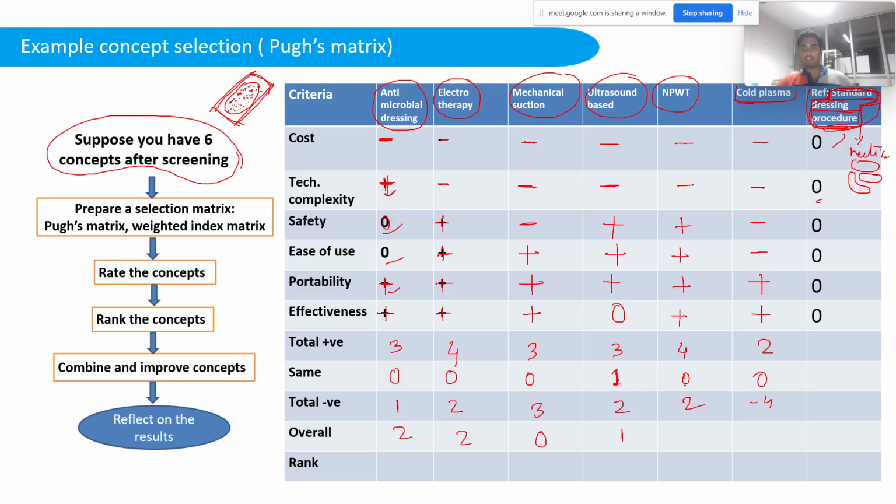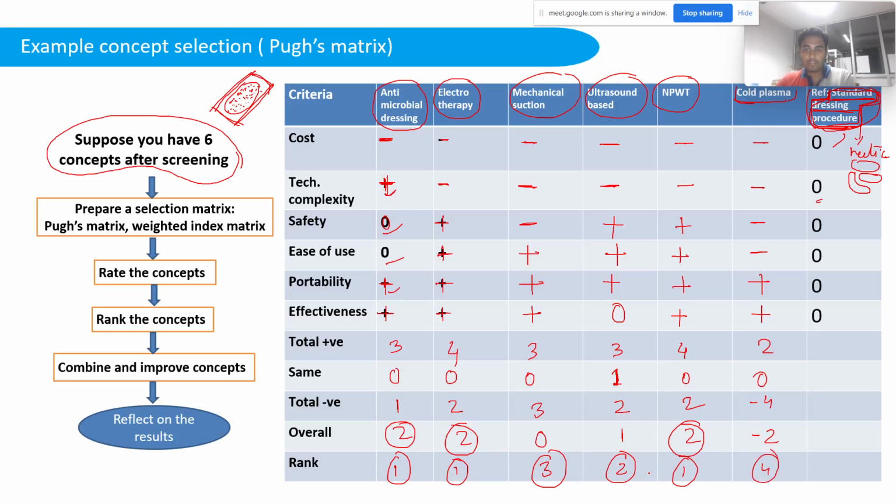So it is 1, this is 2, and this is minus 2. There are 3 devices that scored the same. That means you rank those as 1, 1, 1. This is ranking 2, this is ranking 3, and this is ranking 4.